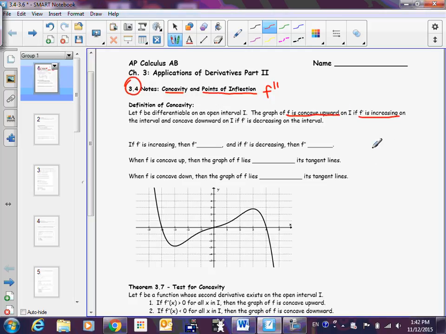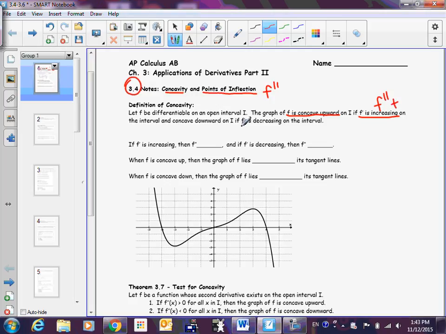So remember before we had been talking about f increasing and f prime being positive. Now we're saying that f prime is increasing. So what does that tell us about f double prime? It could also be increasing. It's positive. So if something is increasing, its derivative is positive. Now we're bringing in this whole idea of the second derivative being positive.